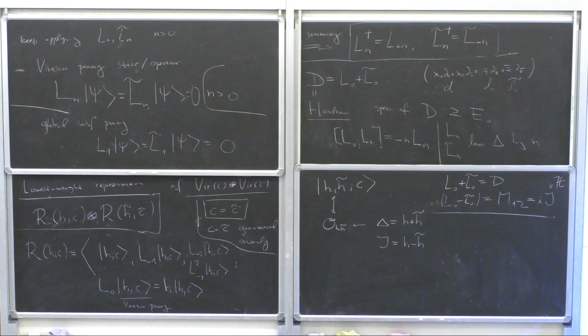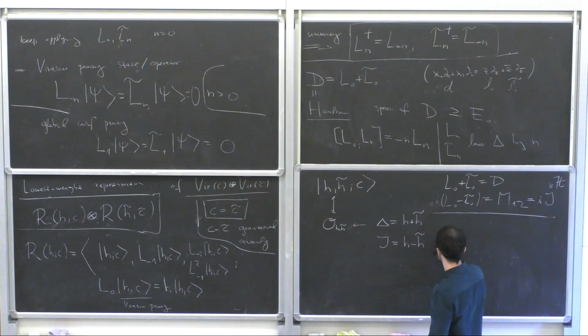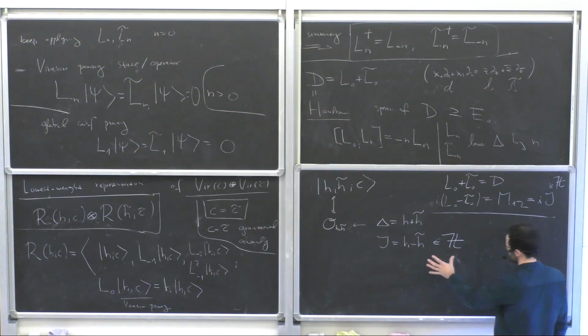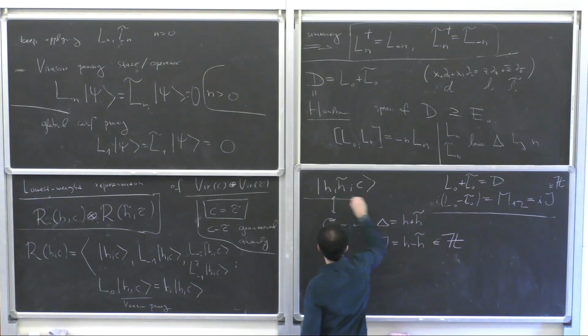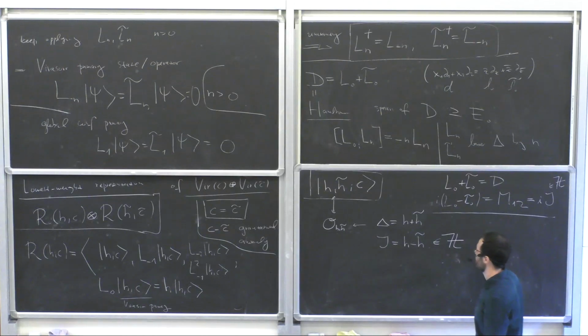In particular, the physically meaningful representations are those for which this is an integer. In a fermionic theory, this could also be a half integer, but for us, it's always going to be an integer. So we have an extra constraint that H minus H tilde has to be an integer.